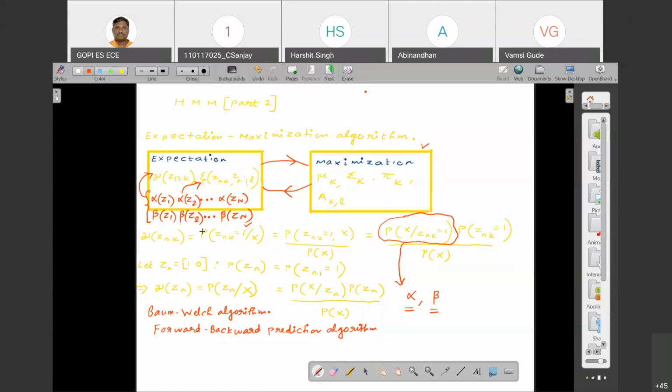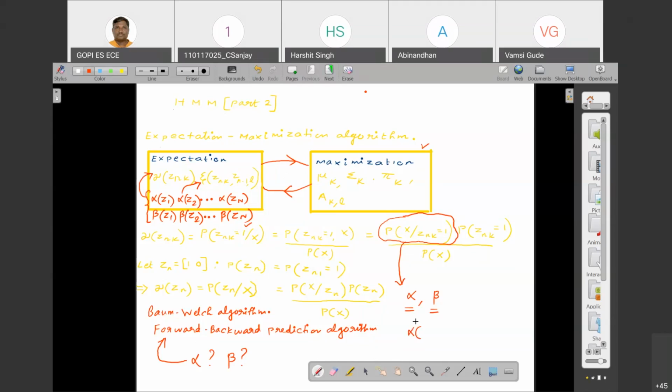But how to get these alphas and betas? That is still remaining. And this is what you are going to get using the forward backward prediction algorithm. So you are going to have a sequence for getting these alphas.